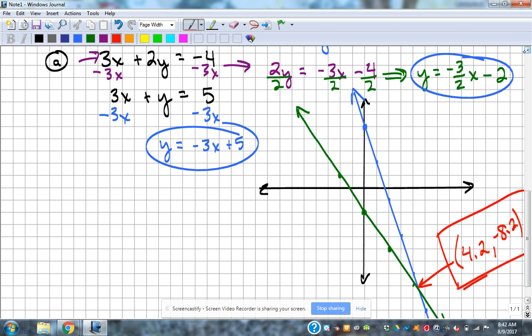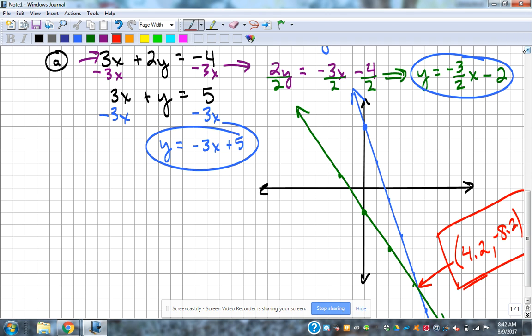What would tell us if they were parallel? No crossing. That's on the graph, but in the equation, what part of the equation? The slope. The slopes are the same on parallel lines. So you know if the slopes are not the same, they're going to cross. Automatically, I've got one solution.